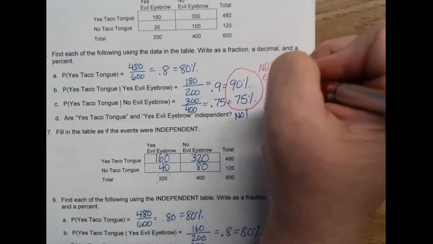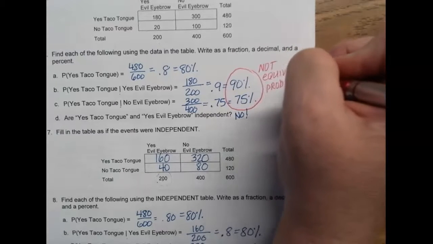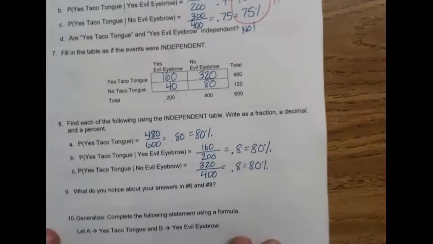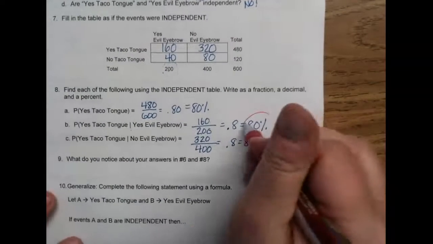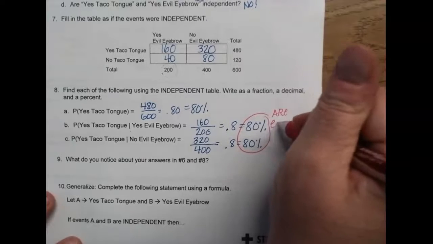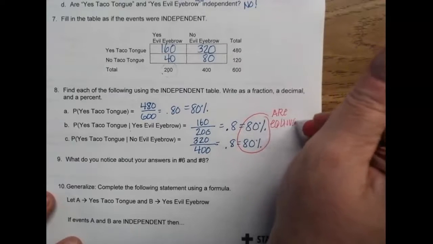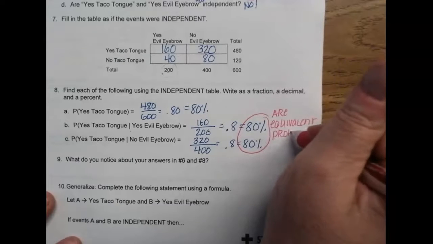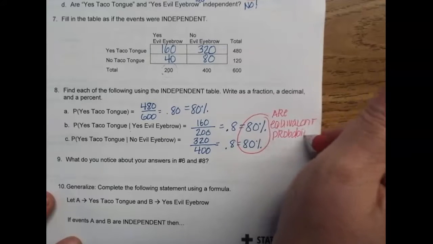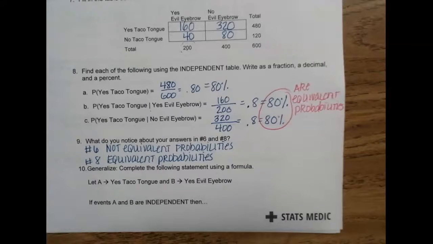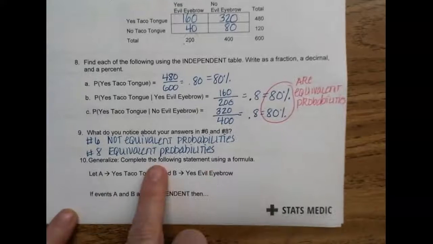So that's what I want to write in that answer. And when I look at 8, I notice that these are equivalent probabilities. That's really what we want to write in there. I just took our notes from up here and wrote them in there.